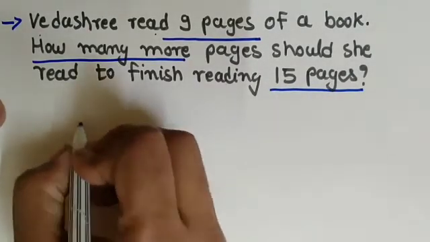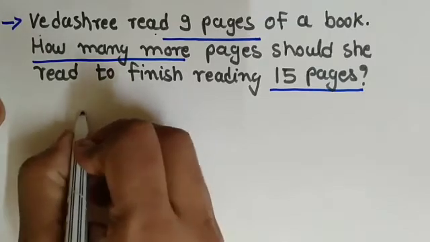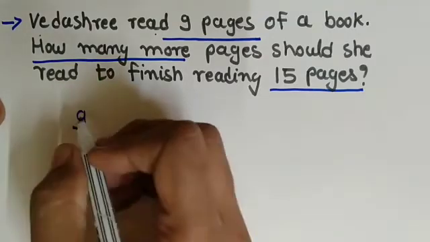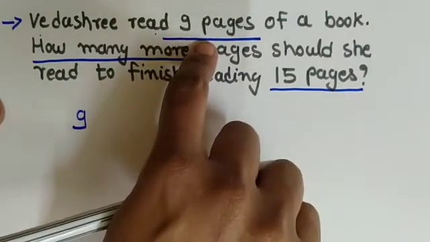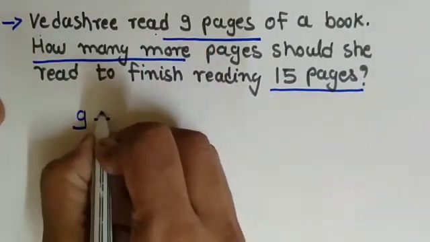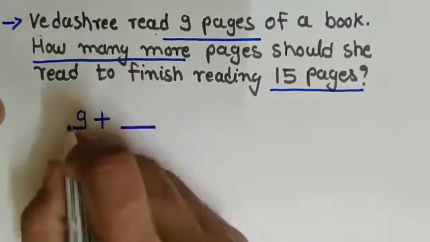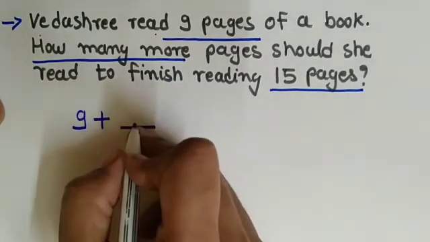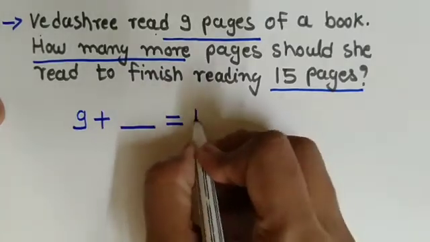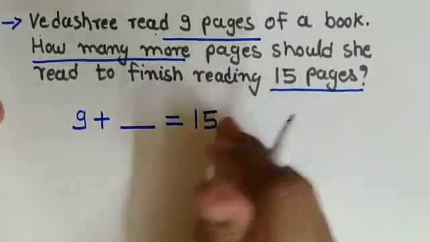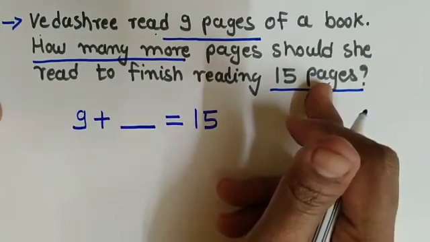So what will we do, children? First we will do it by counting forward. Here we will write 9 because 9 pages she has done reading. Then how many more pages? Means you have to add some. She has to read more pages, then she will finish reading 15 pages.